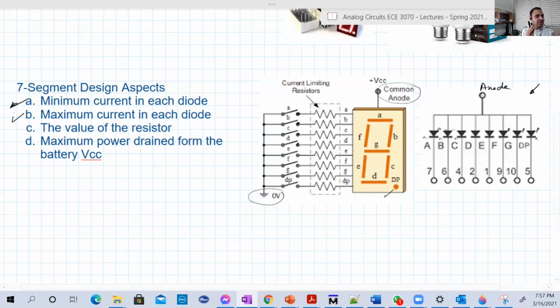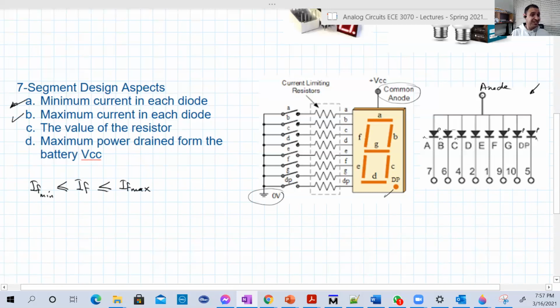The current that flows into the LED should be between I minimum and I maximum, so I forward should be greater than or equal to I forward minimum and less than or equal to I forward maximum.